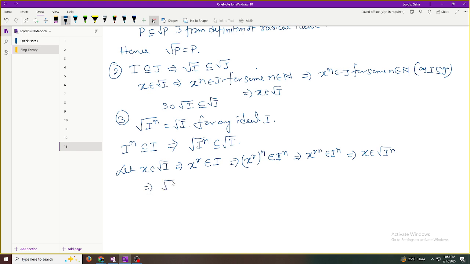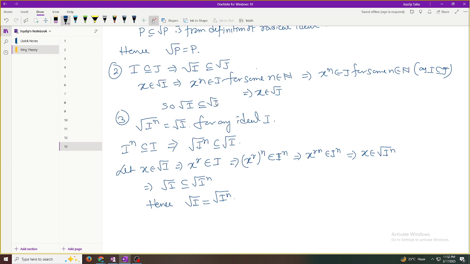Therefore root I is a subset of root of I to the power n. Hence from this and this, root I equals root of I to the power n.